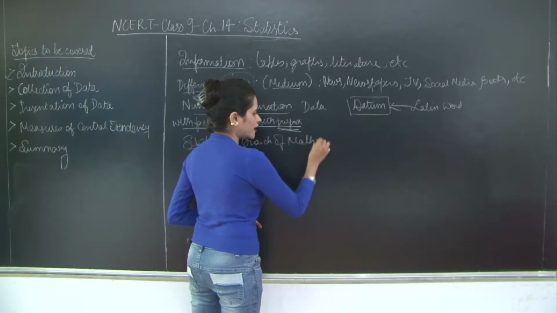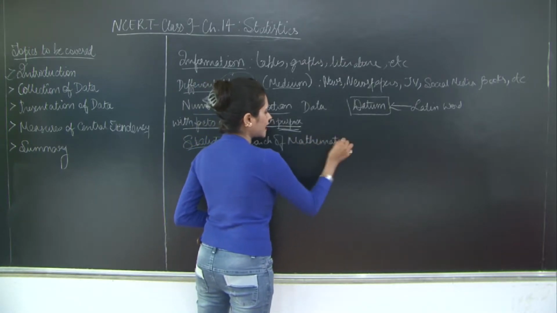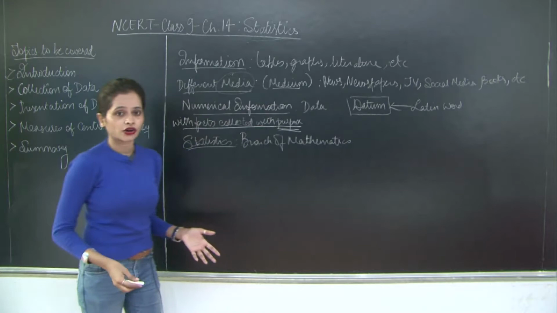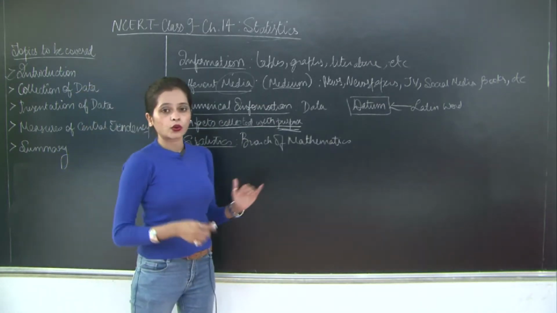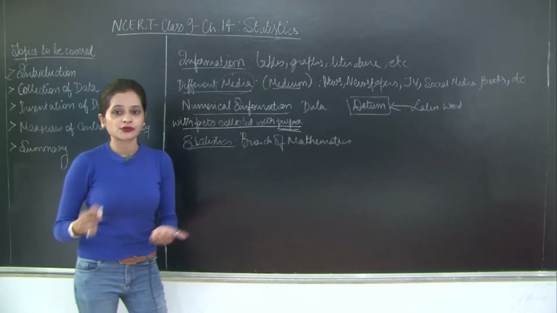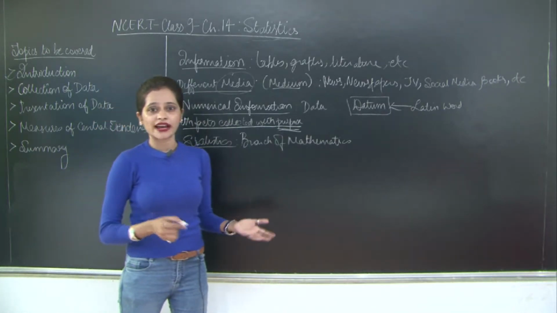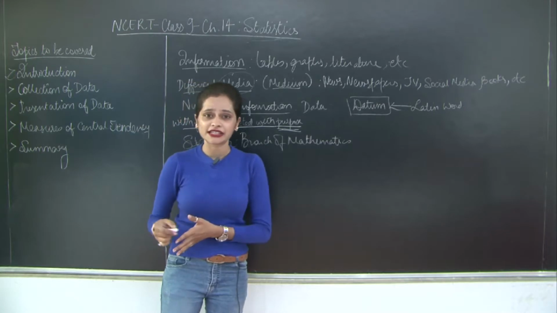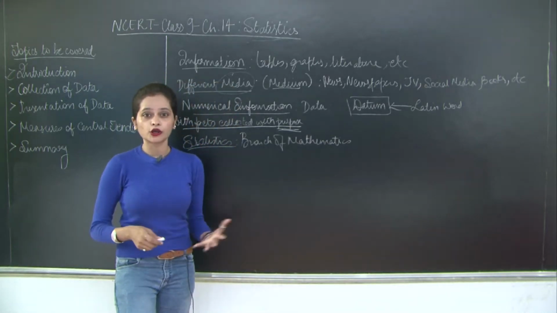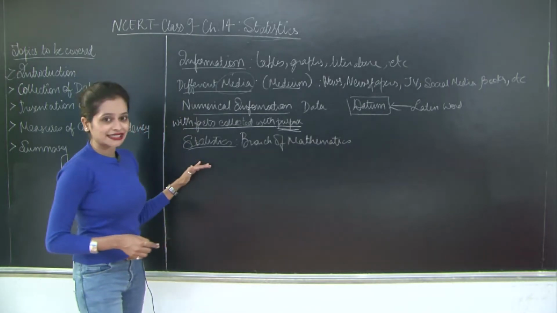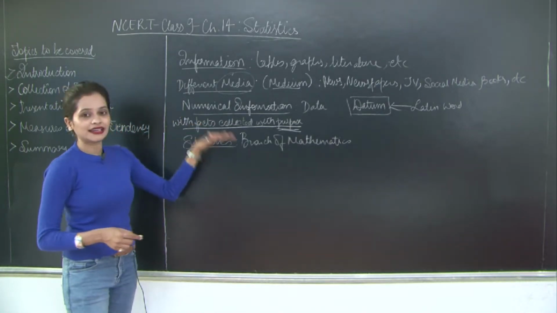Just like we have other branches of mathematics broadly classified into algebra and geometry, statistics is also a branch of mathematics that deals only with data. Just like algebra deals with a lot of variables, x, y, polynomials, linear equations, simultaneous equations, then you have geometry with finding the area or the volume or doing constructions. We have statistics dealing with data, numerical data.